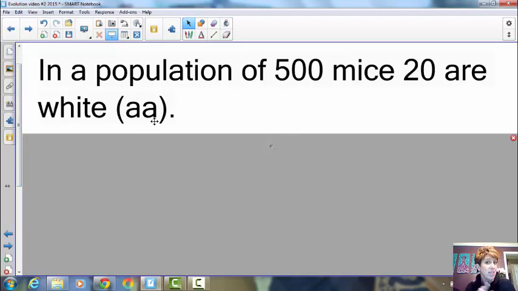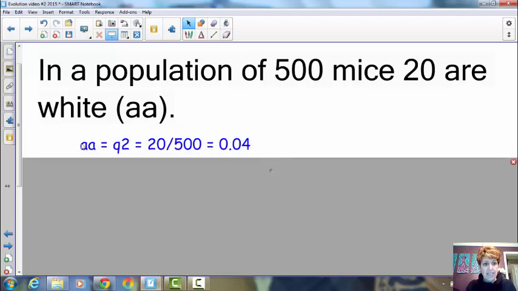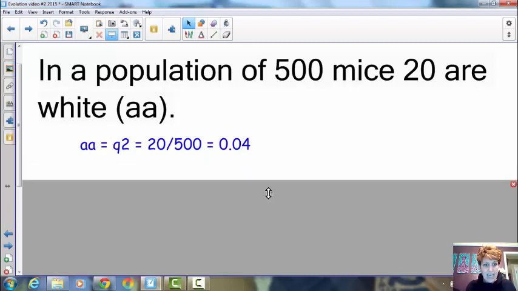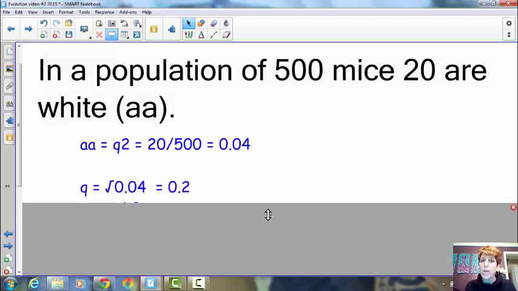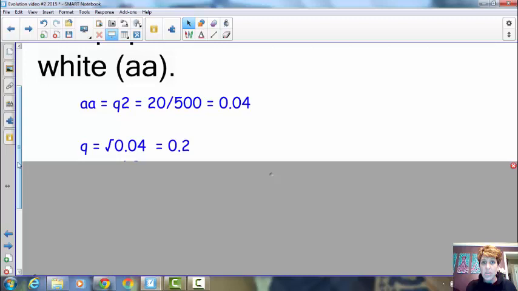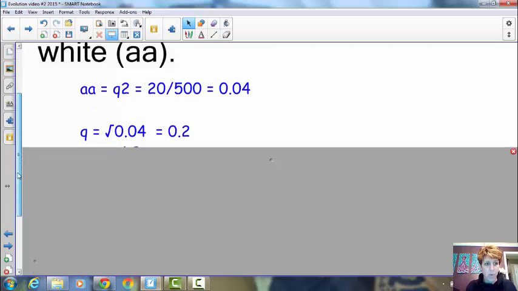And I remember that is Q squared. So the first thing I do is write down little a little a is equal to Q squared, and that is equal to 20 over 500, which is equal to 0.04. The next thing I do is find the square root of 0.04, and that would be 0.2. So I have now found Q. The frequency of the recessive allele, little a, is 0.2.